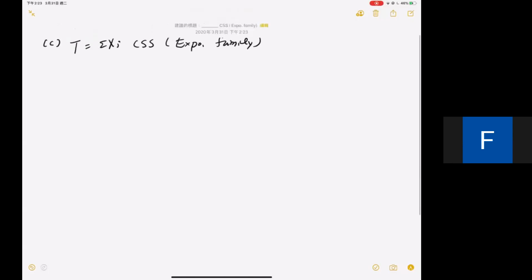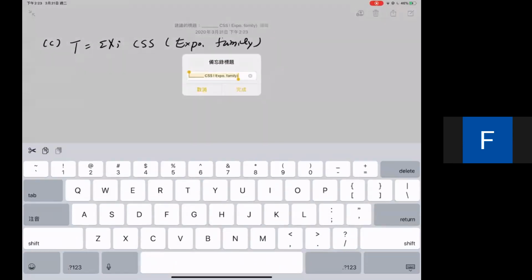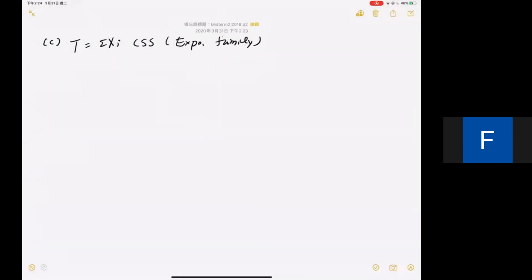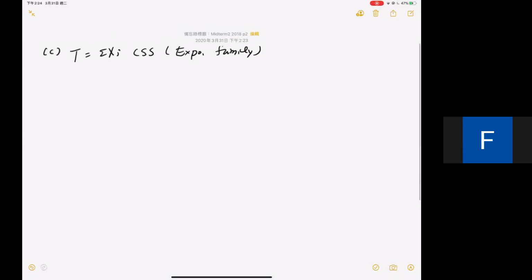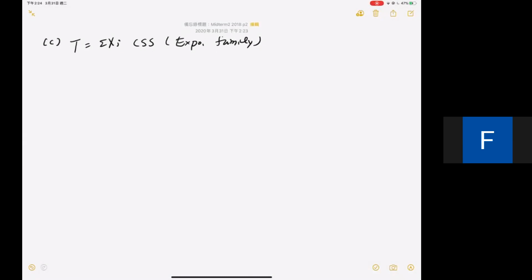To show that, okay, we see midterm 2018, midterm 2, 2018, then P2 is. Using exponential family, you will see that summation xi is a complete sufficient statistic. Okay, so I will save it right here because it's been shown too many times. If you're sort of confused how to find it, let me know. But I want to save some time for other questions.